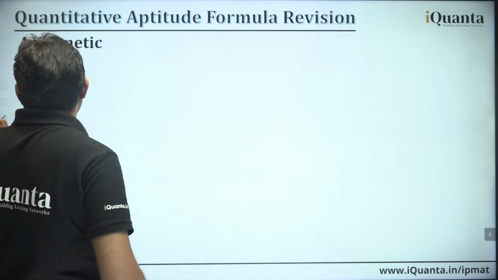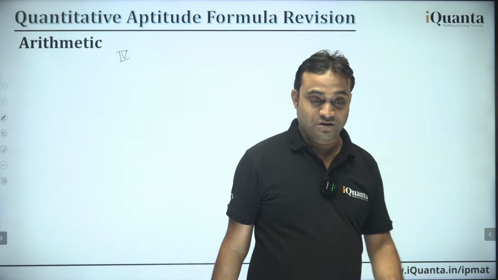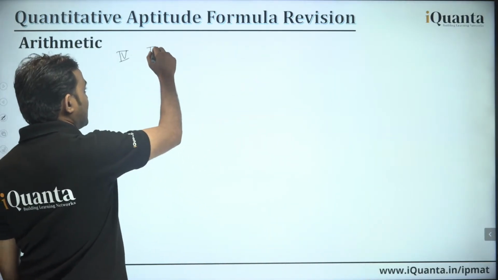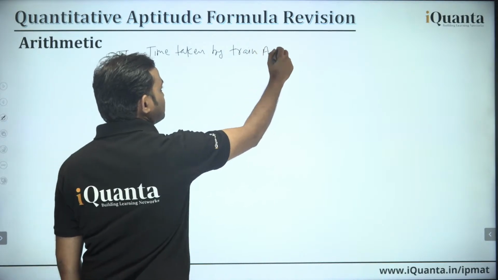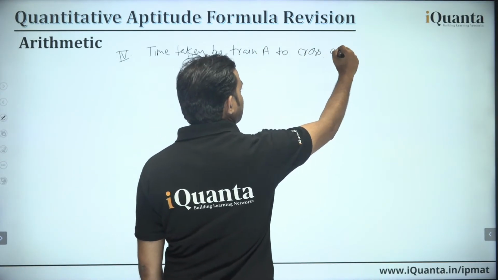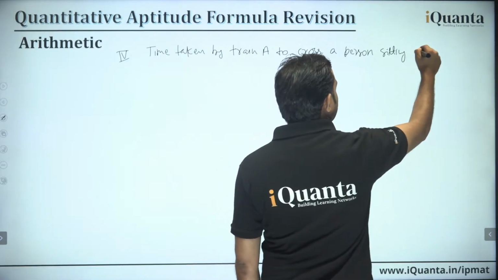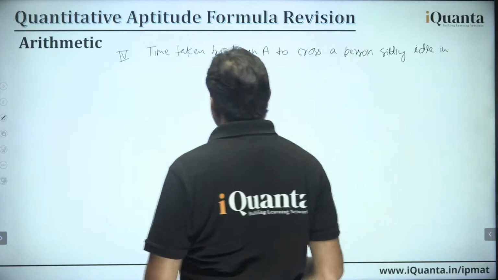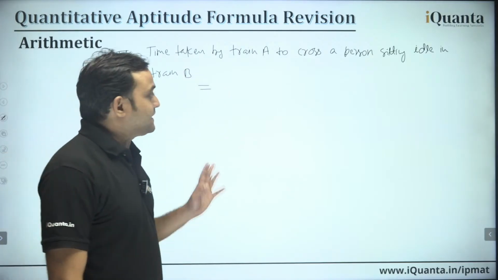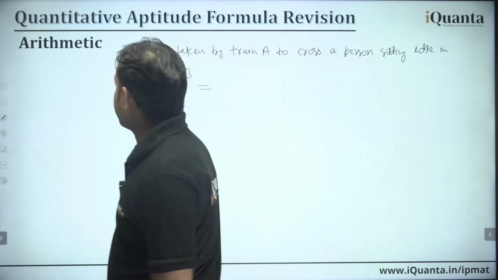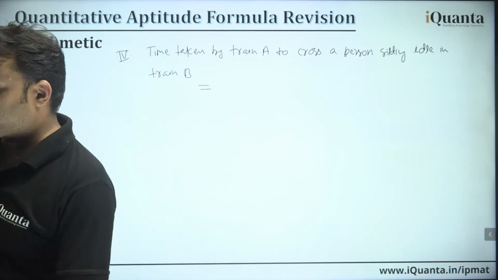Then comes this very important concept which can confuse you if you see these types of questions: the time taken by train A to cross a person sitting idle in train B. Can anyone tell me what this time will be? What will this time be?